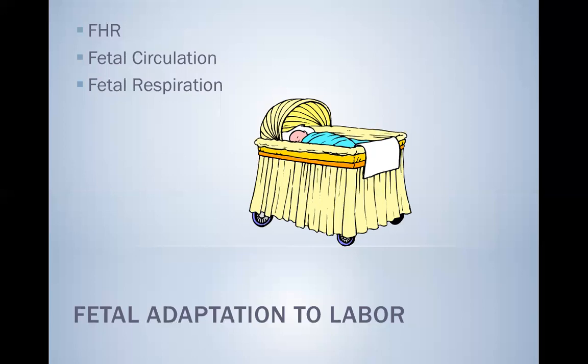From an immunological perspective, white blood cells increase. So we might see a white blood cell count of up to 25,000 when a mom is in labor. GI, we're going to see an increase in nausea and vomiting. I always joke that labor and delivery is the place where we love it when our patients puke.